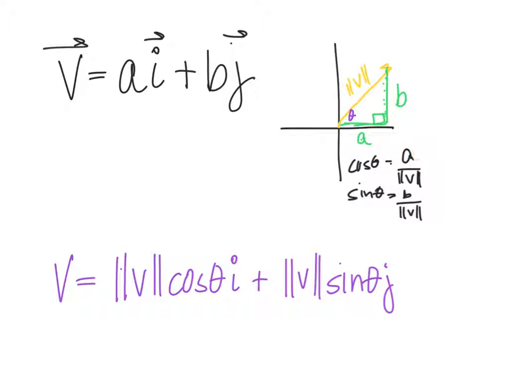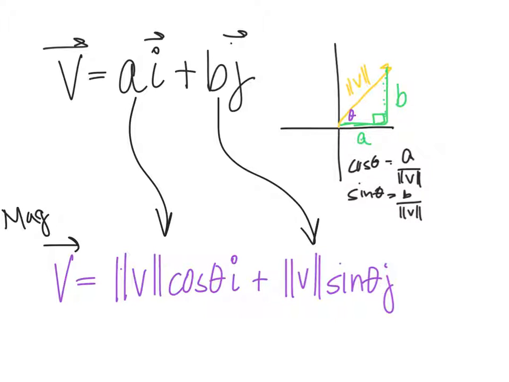If we isolate a and we isolate b, we end up with the following other form of writing a vector. This is the way we write a vector with magnitude and direction angle. a is the same as magnitude V cosine theta. b is the same as magnitude V sine theta.